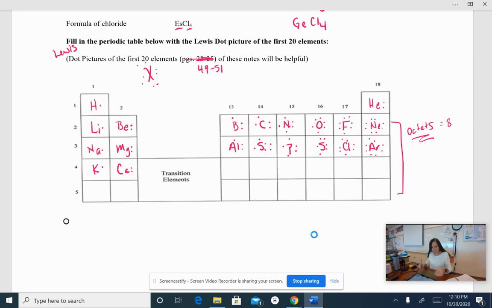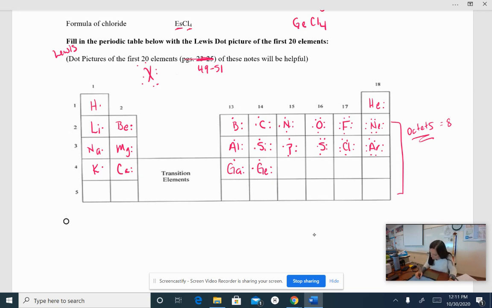Okay, so we had just gotten done talking about calcium with its 2 valence electrons. Let's move on. So beyond calcium, we're going to skip the transition metals. So once we get to the transition metals, we will have gallium, which will have 3. Then we have germanium, which has 4 valence electrons.